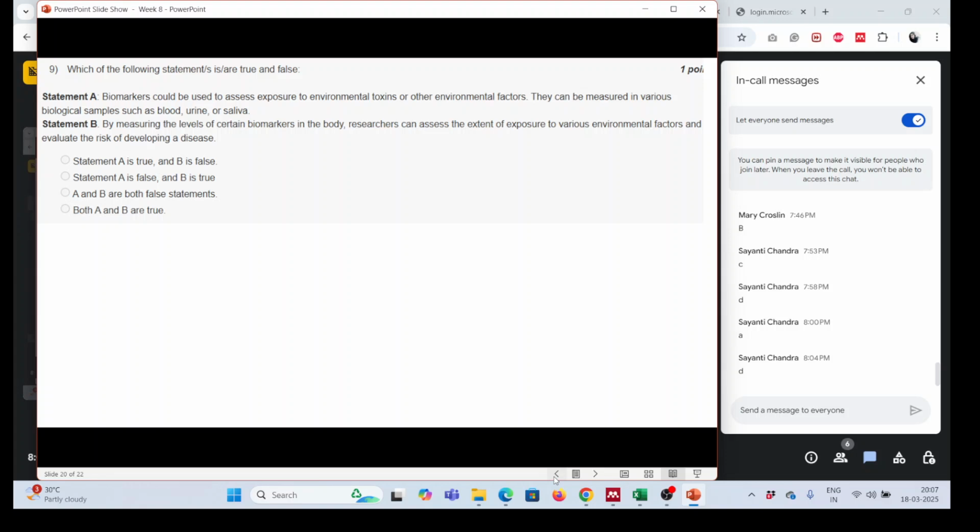Statement A and statement B. Yes, option D is correct. Both A and B are true.